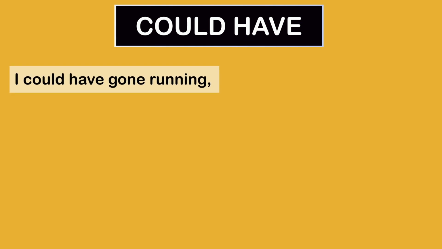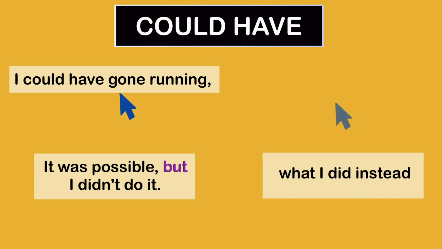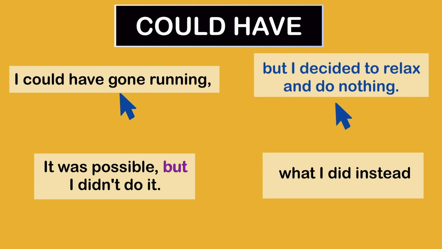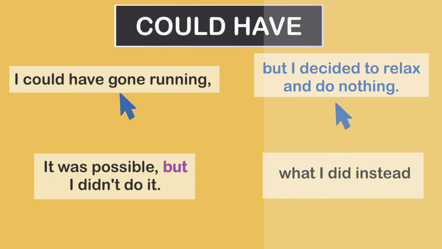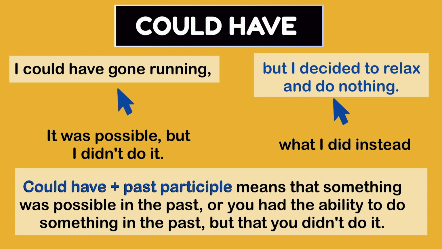I could have gone running. What does it mean? It means it was possible, but I didn't do it. What I did instead was, I decided to relax and do nothing. Could have plus past participle means that something was possible in the past, or you had the ability to do something in the past, but that you didn't do it.